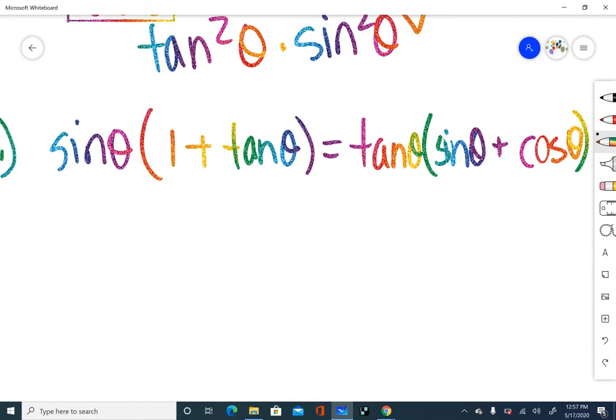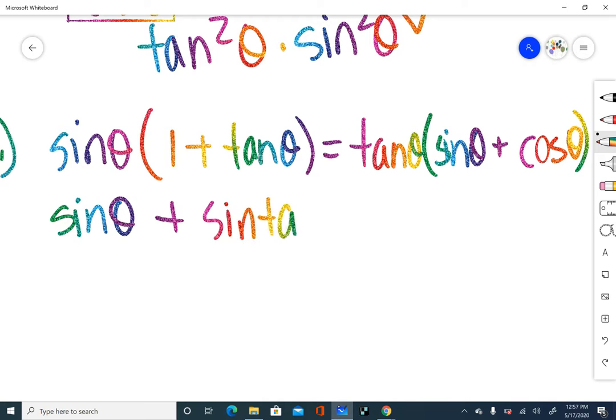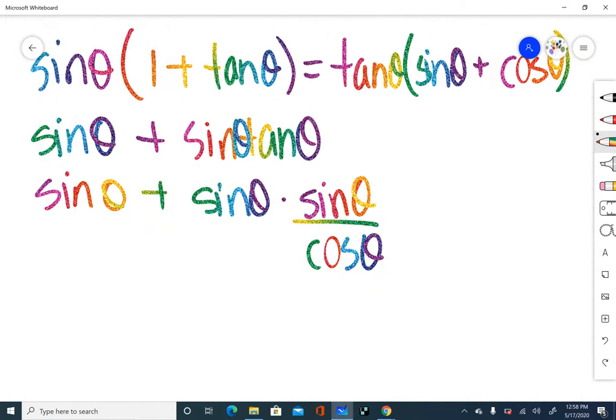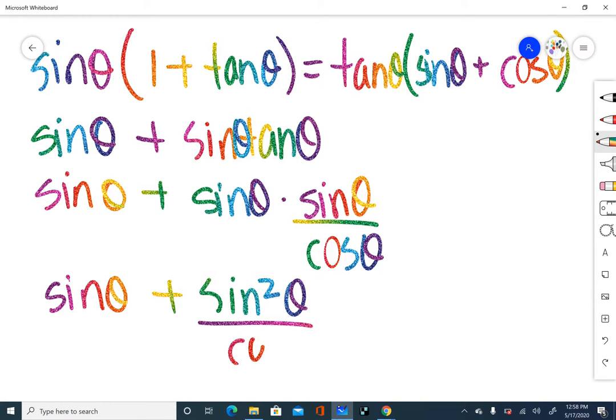All right, so this is number 14. So I'm going to distribute. And then I'm going to leave sine theta plus sine theta times sine theta over cosine theta. Okay? So I have sine theta plus sine squared theta over cosine.